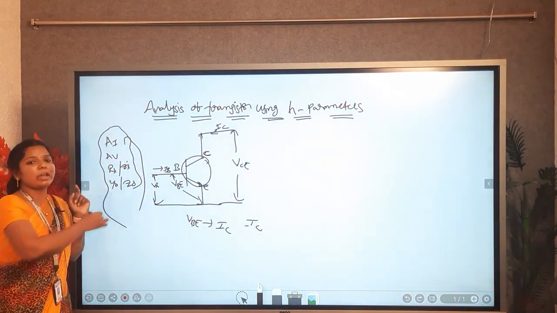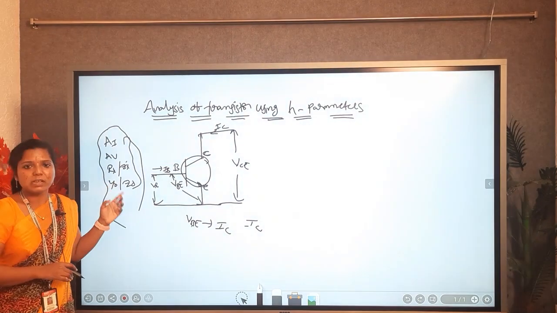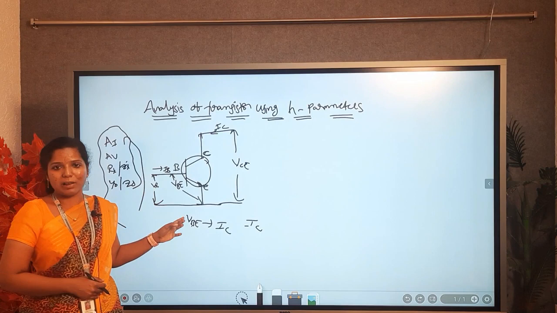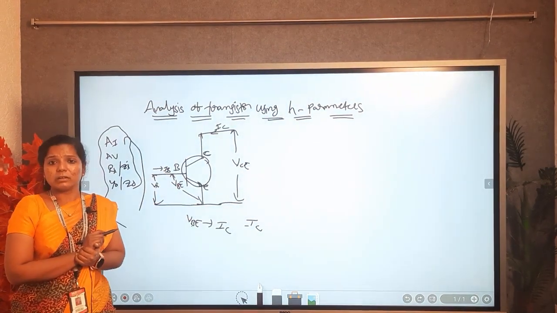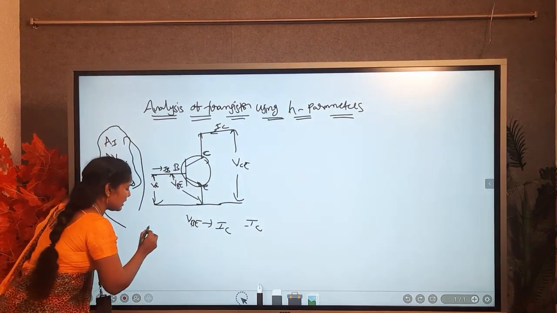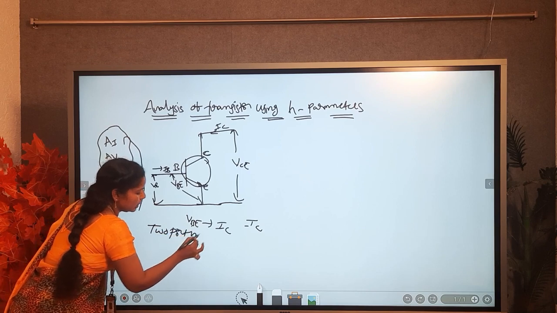In order to find the current gain, voltage gain, input impedance and output admittance, we analyze the transistor as a small signal. How? By using the two-port network. Instead of the transistor, we use the two-port network to find the H parameters, and by using the H parameters we find all these things.